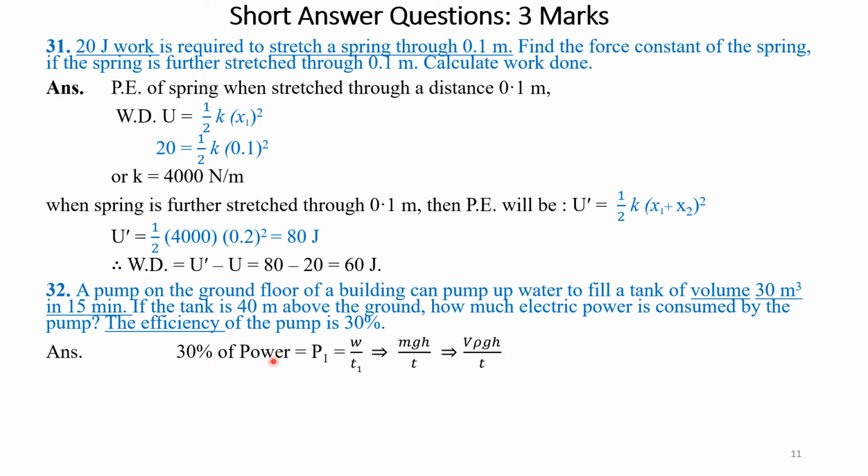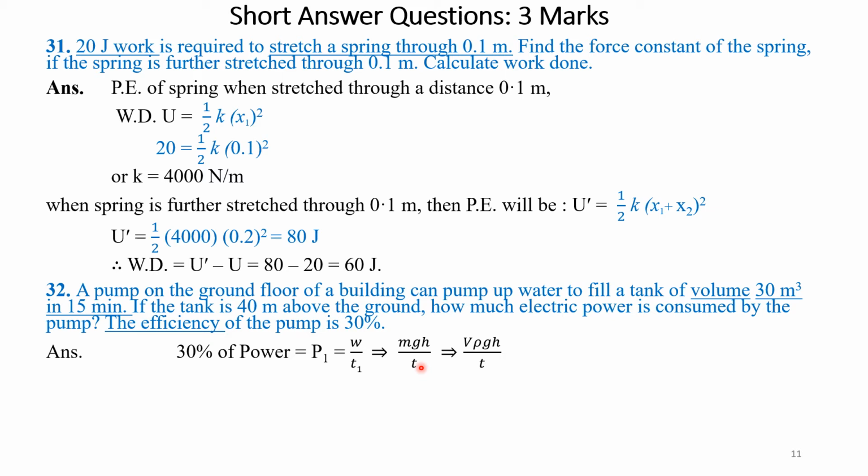30% of the power is equal to P1 equals W, that is work done or potential energy, divided by t. So P1 is equal to m g h divided by t. m is the mass, g is the gravitational acceleration, h is the height of the tank, and t is the time taken to fill up.